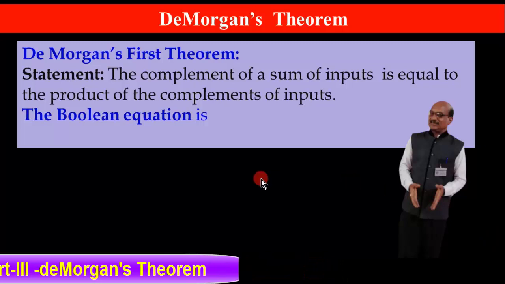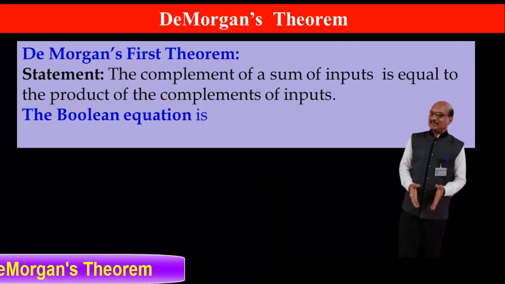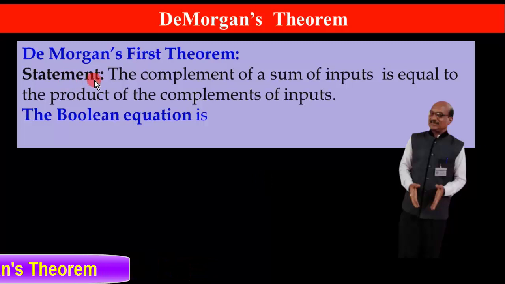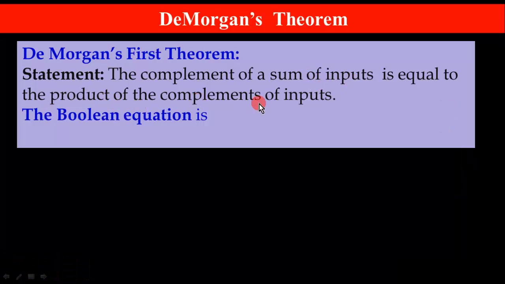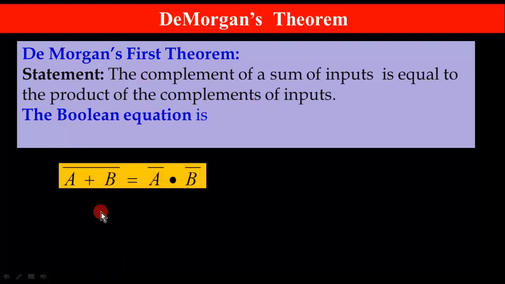Let us see De Morgan's first theorem. The statement for this theorem is: the complement of the sum of inputs is equal to the product of the complements of the inputs. Now let us see the Boolean equation for De Morgan's theorem.